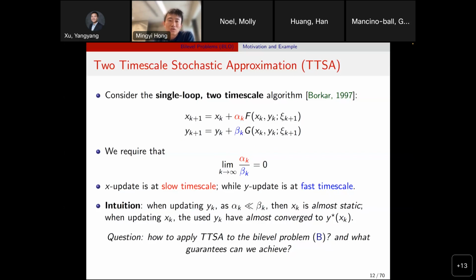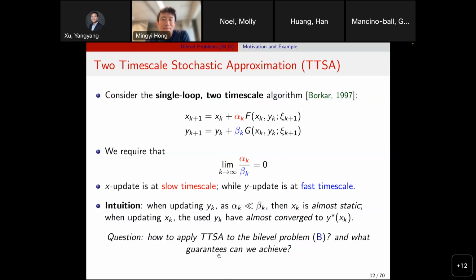So here the x update is the slower time scale, and the y update is the faster time scale. So they call this a two time scale stochastic approximation algorithm. Now the question here is how does that really relate to our bilevel optimization problem, and what kind of guarantees can we achieve?